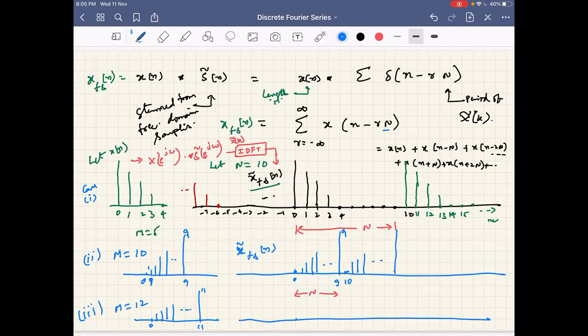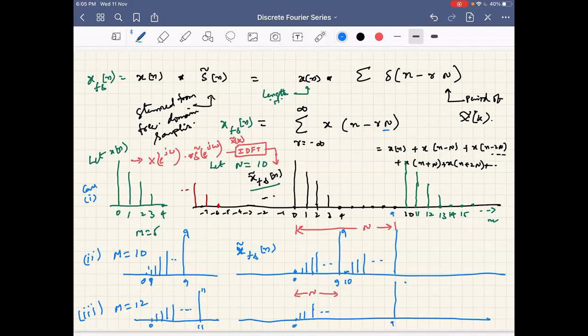See what will happen. This is 0, 1, 2, and so on, and it will go up to 9.